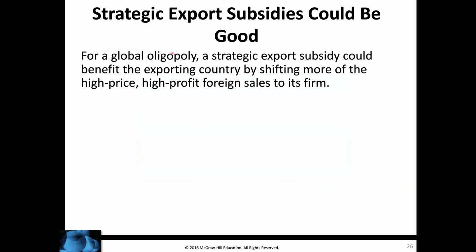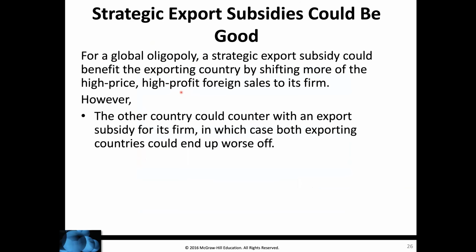For a global oligopoly, a strategic export subsidy could benefit the exporting country by shifting more of the high price, high profit foreign sales to its firm. However, the other country could counter with an export subsidy for its firms, in which case both exporting countries would end up worse off. And we often will see this retaliatory approach.